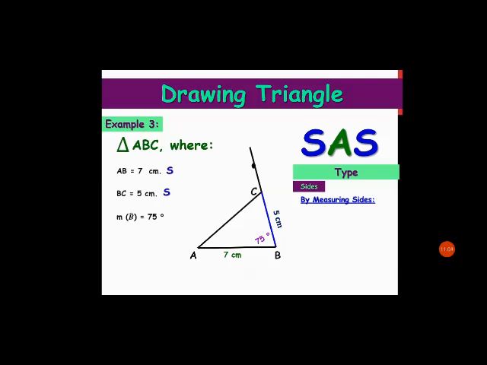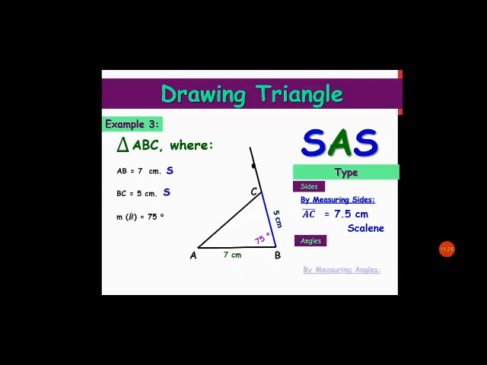I know that AB is 7 centimeters and CB is 5 centimeters. So let's measure AC using the ruler. I will find that the side AC equals 7.5 centimeters. So this triangle is a scalene triangle because none of the sides are equal.